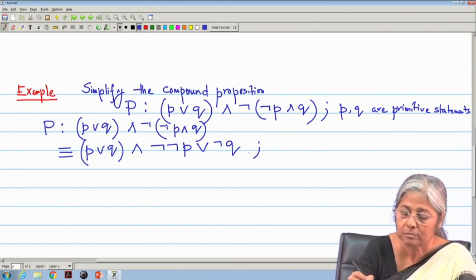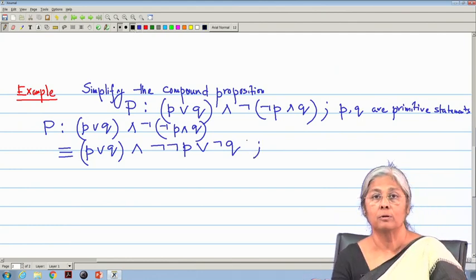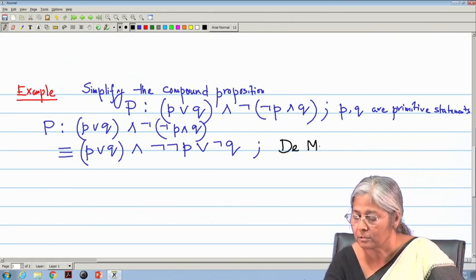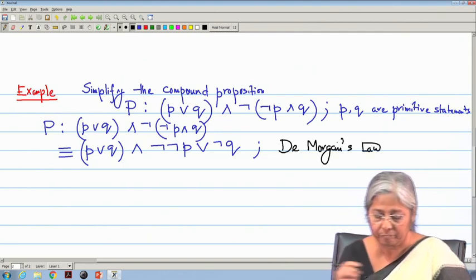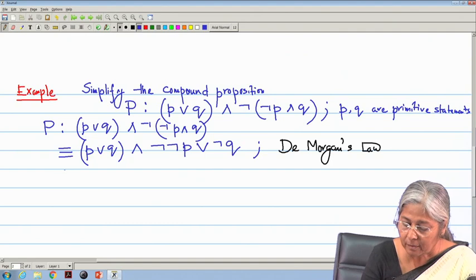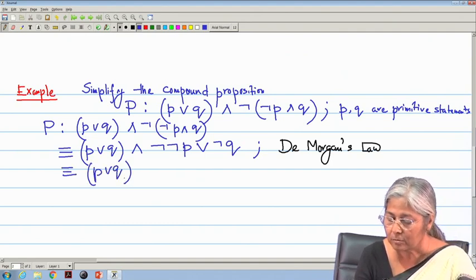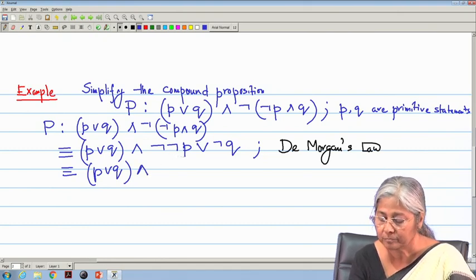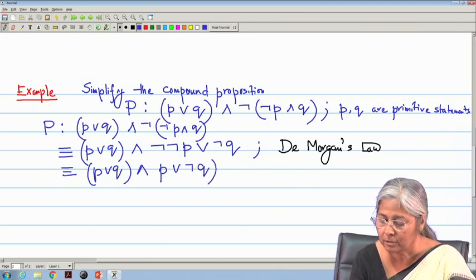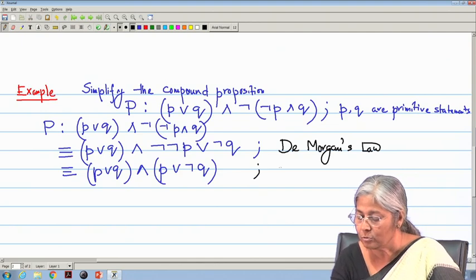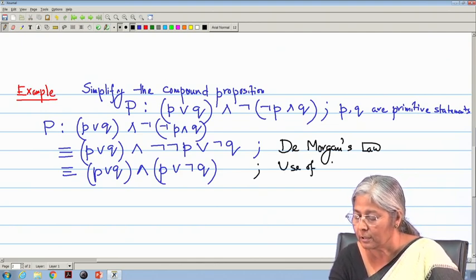Immediately we should write what law we have applied here. This is De Morgan's law. Now this will be double negation, so this becomes only P or negation Q. We write this is the use of double negation.